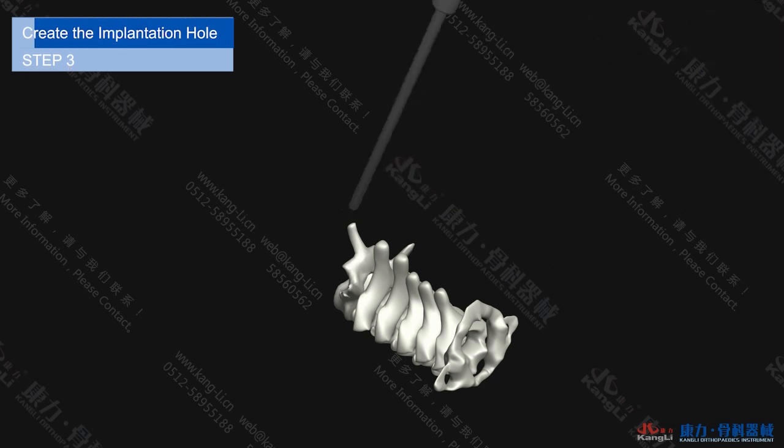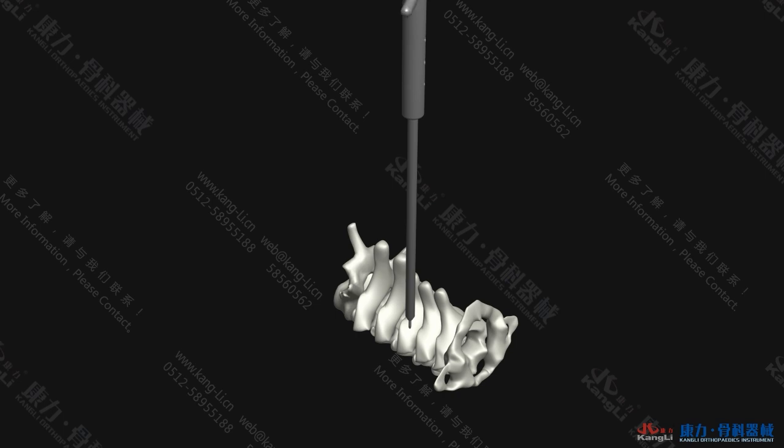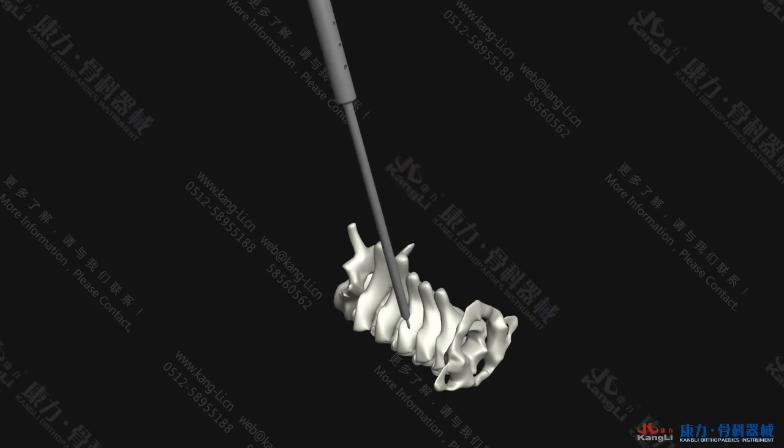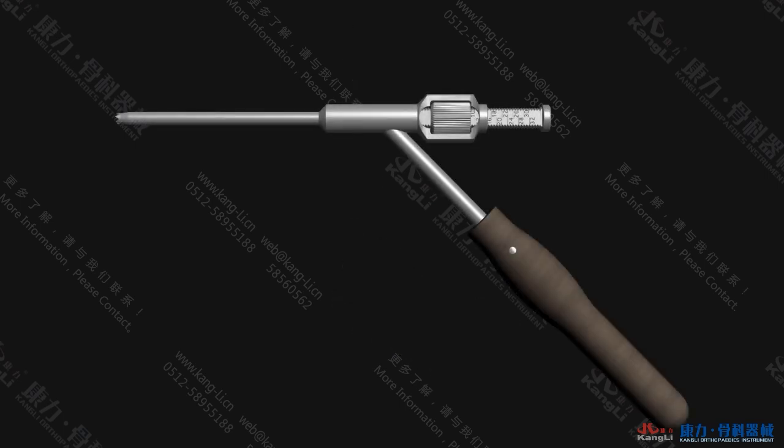Step 3. Create the implantation hole. Use an awl to penetrate the cortical bone at the determined entry point while carefully maintaining the desired angles. Set the calibrated guide to 10 mm.